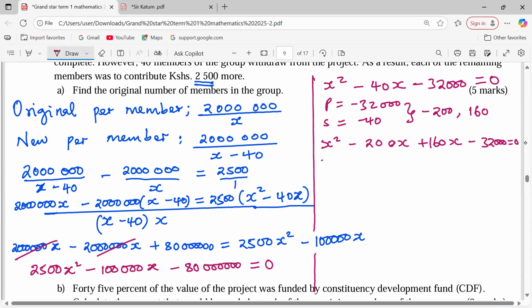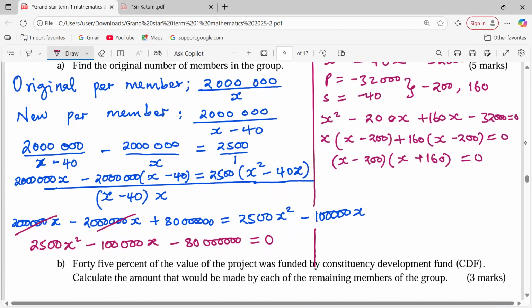From the first two terms, we factor out x minus 200, then plus 160, we remain with x minus 200. This is equal to 0. From the brackets, we are having x minus 200, and outside the brackets, we have x plus 160. This is all equal to 0. So from the first factor, x minus 200 equals 0, meaning that x is 200.